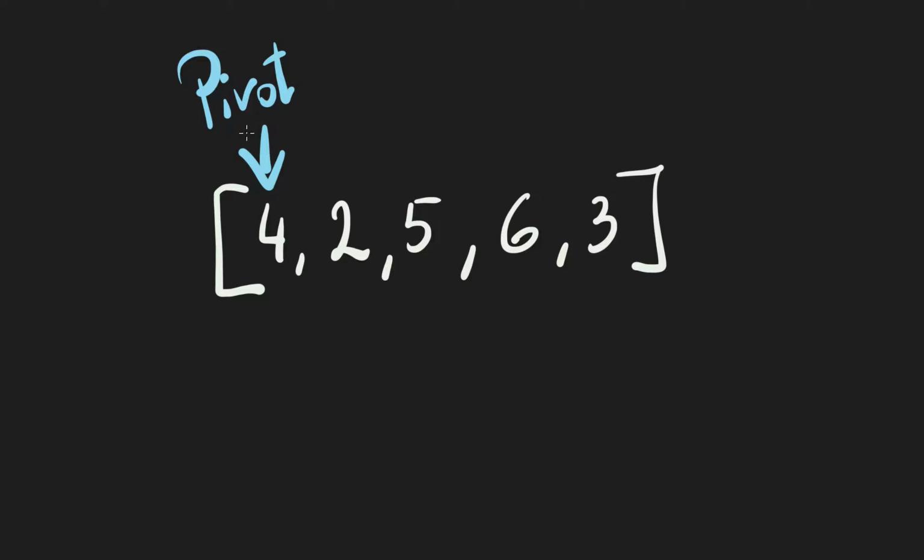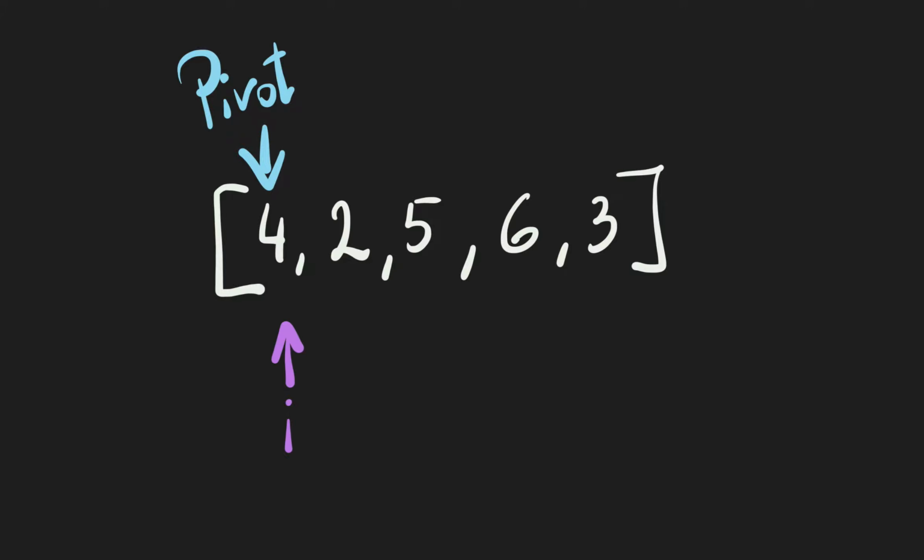In this example, we'll be implementing the pivot as the first element, but you could easily do it with, I don't know, a random element or a mid element inside the unsorted array. And any element that's left of the pivot will be less than or equal to the pivot, and the elements on the right side will be bigger than the pivot.